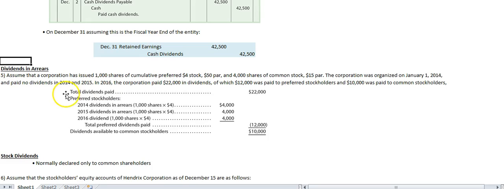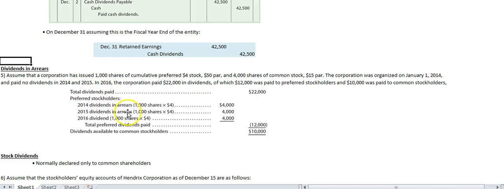So in total, they have a right to $12,000 before the common shareholder can be paid. Okay? So here they give us the answer, and I'll explain it a little bit more, of which $12,000 was paid to preferred stockholders, right? As I explained, $4,000 for 2014, $4,000 for 2015, and $4,000 for 2016. And $10,000 was left for common stockholders.